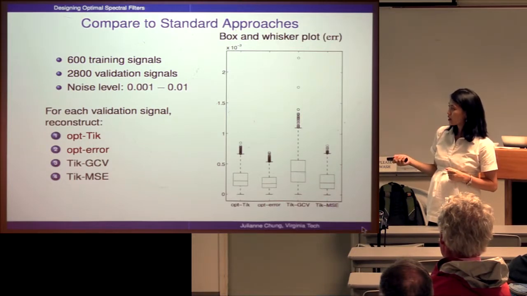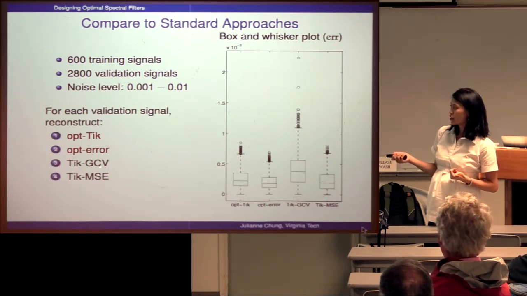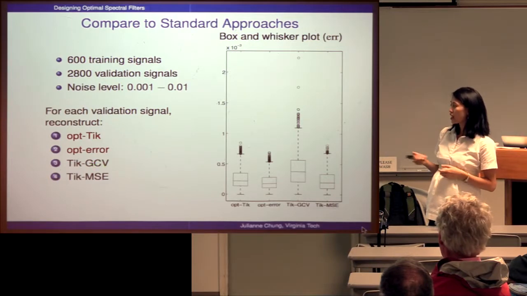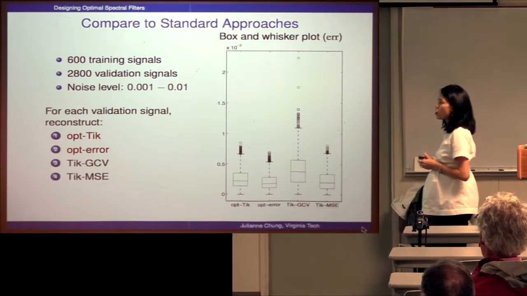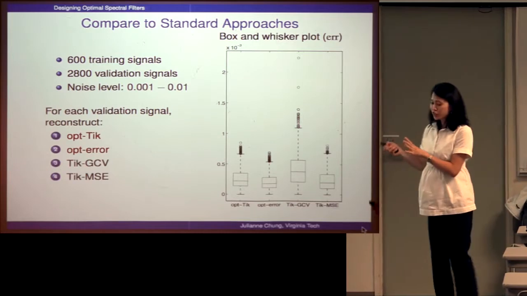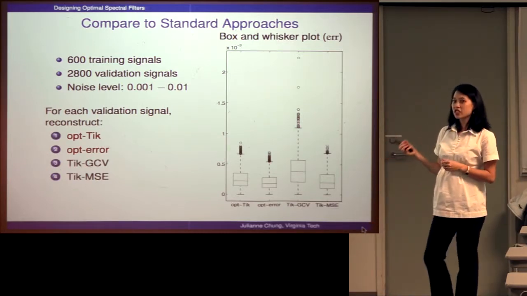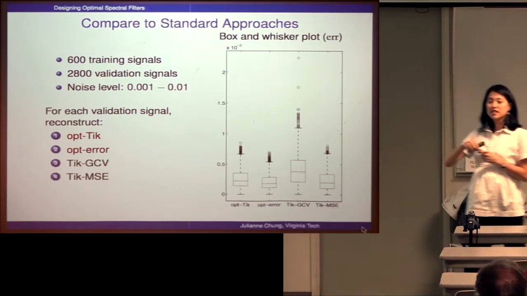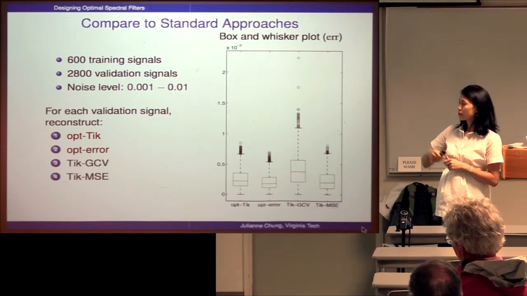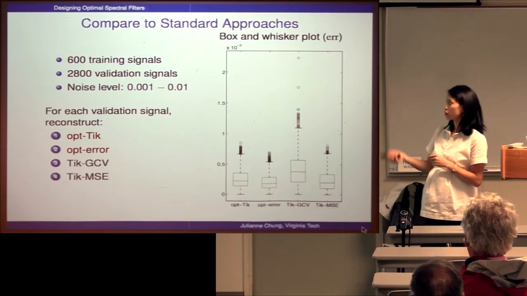Remember the generalized cross-validation method, which you could use to estimate your regularization parameter. Or if you have the true solution, you could compute the TIC-MSC, which finds the parameter that minimizes the error between the reconstruction and the truth.